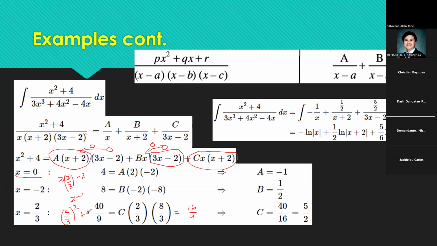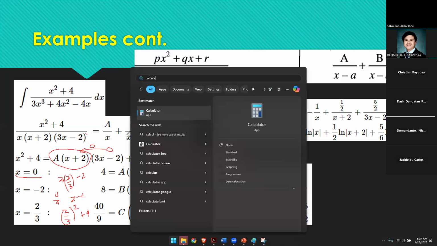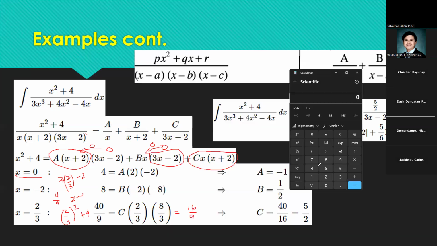And then on the other side, on the left hand, so 2/3, this one here, 2/3 squared plus 4. So 2/3 squared is just simply 4 over 9. Then 4 over 9 plus 4. Okay, let us use the calculator. 4 divided by 9 plus 4 is equals to 4.444.